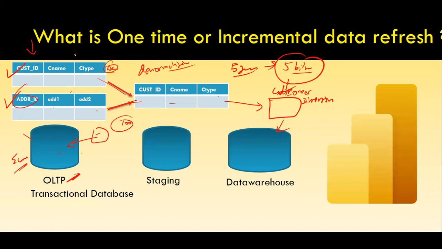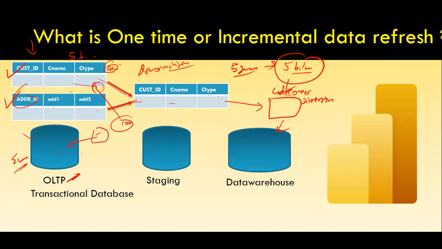Here in the source system, it will still have the 5 billion records, but along with that, today 100 new customers came in, so 5 billion plus 100 records. The challenge is, out of this 5 billion plus 100, how do I know which are the new customers? How many customers are new today, who ordered? So you need to detect that.